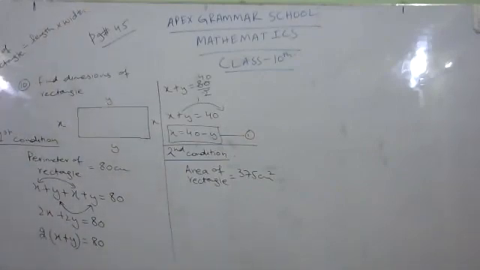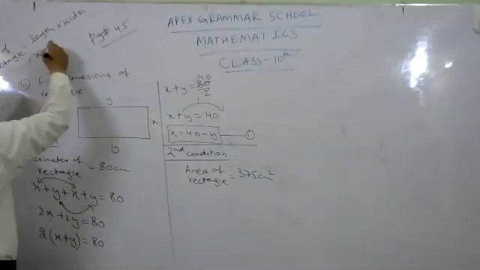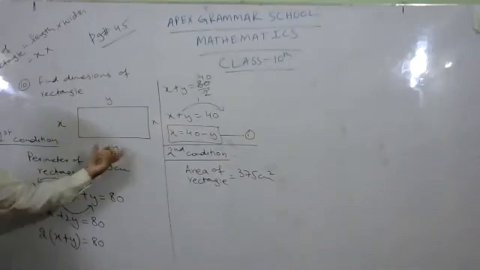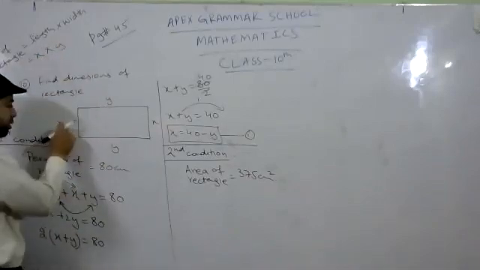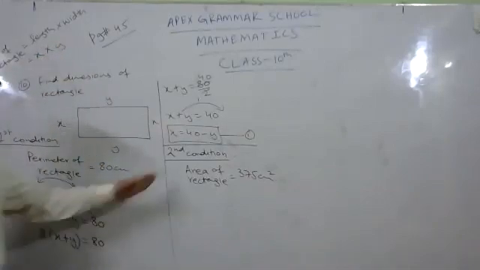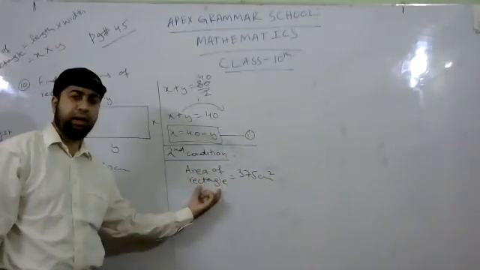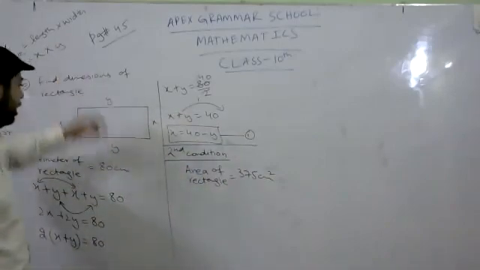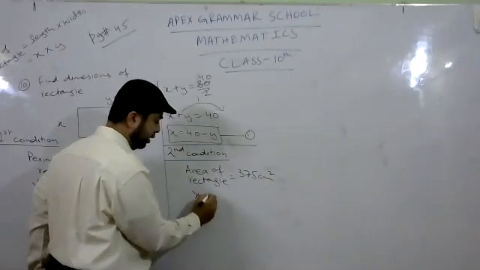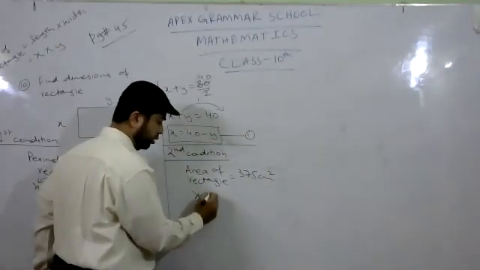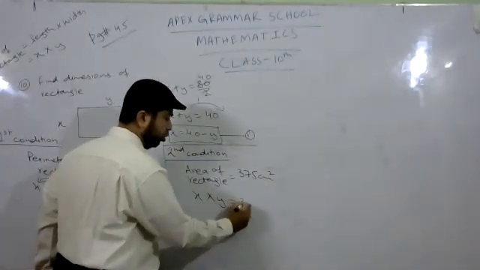I hope you can easily see this. Suppose this length is x, multiplied by the width y. So instead of writing area of rectangle, we can write x multiplied by y, length into width, is equal to 375.